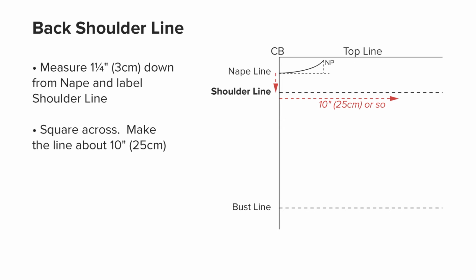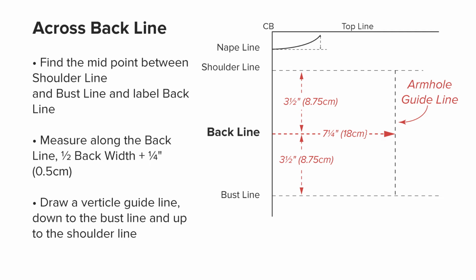The back shoulder line. Measure 1 1/4 inches, 3 centimeters, down from the nape line. Square across a guideline of about 10 inches, 25 centimeters, and label it the shoulder line. The across back line. From the midpoint between shoulder line and bust line, square across a guideline and label it the back line.